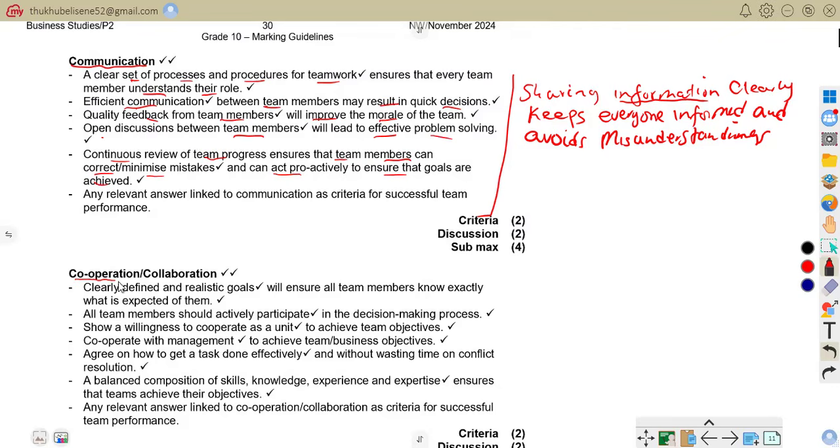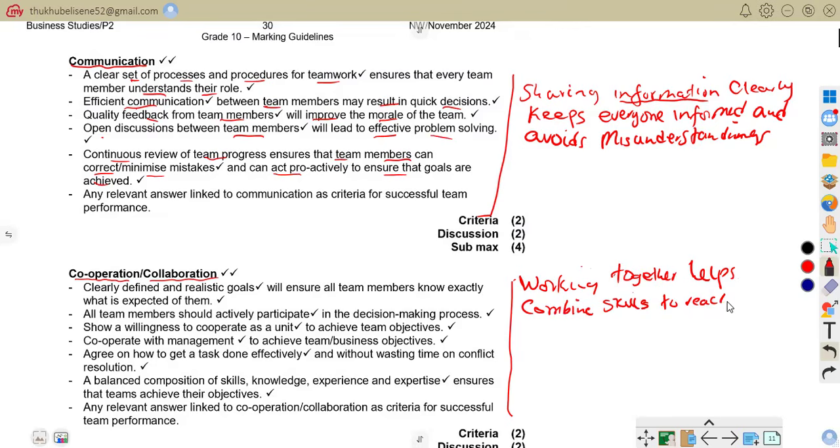Now we are coming to the cooperation or collaboration. So cooperation or collaboration, we are talking about working together, helps combine skills to reach a common goal.